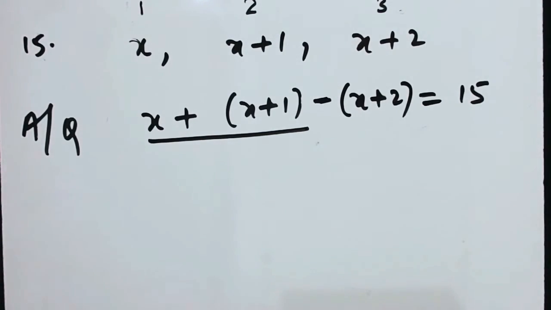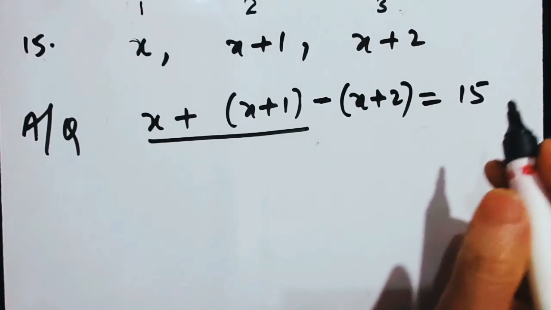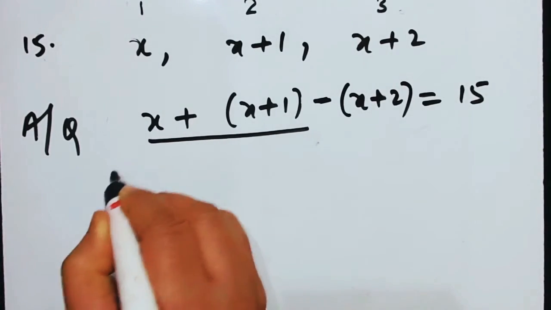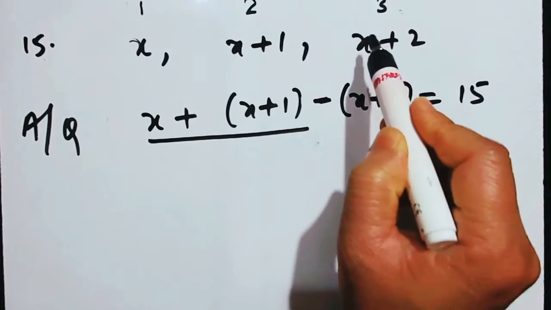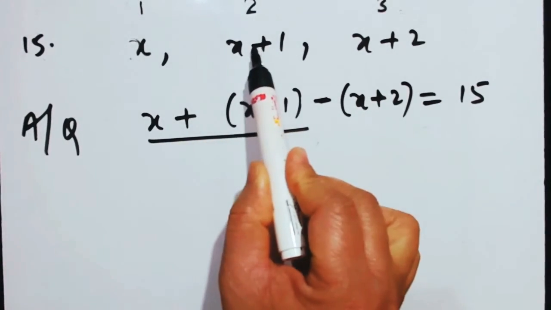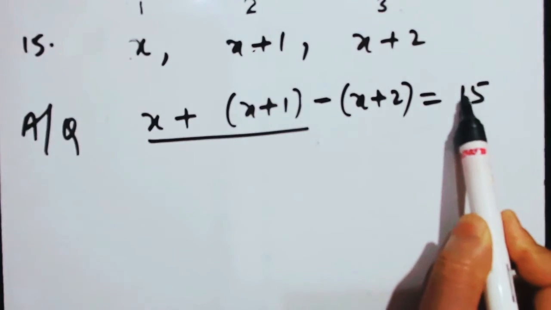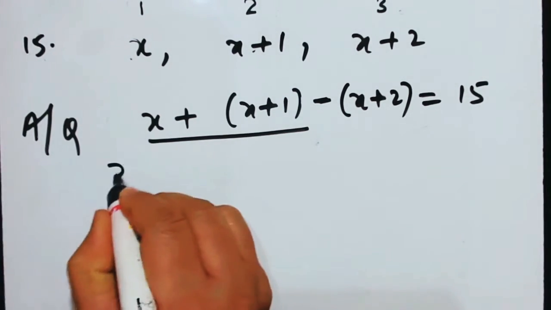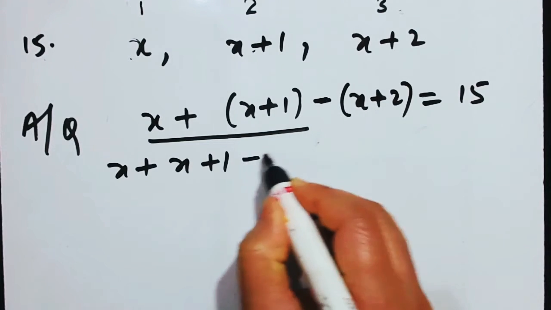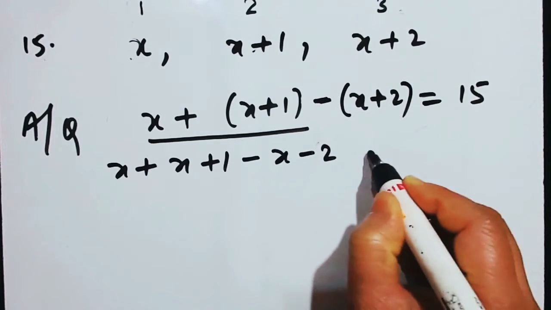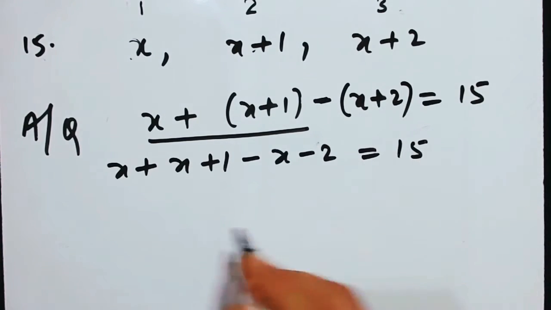Try to understand how the equation is formed. The sum of these two is 15 more than the third, which means the sum of these two minus the third one is equal to 15. So X plus (X plus 1) minus (X plus 2) is equal to 15.